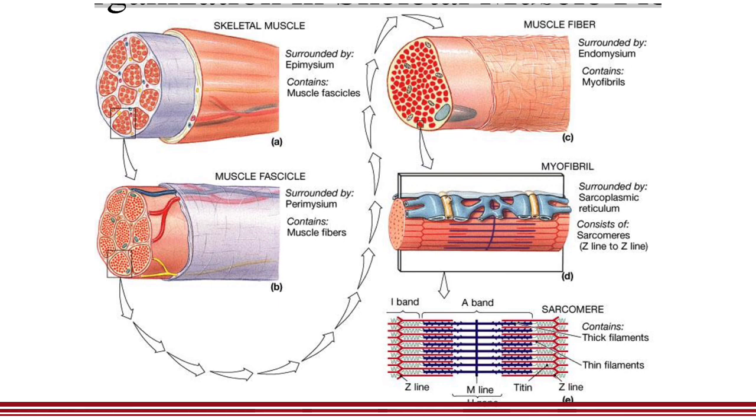Okay? A bundle of muscle fibers, known as a muscle fascicle, is surrounded by the perimysium. So this is the middle layer. Epimysium is the most external. The second layer is the perimysium, and again, it is composed of dense irregular connective tissue.